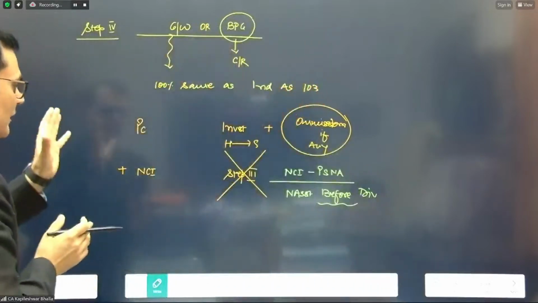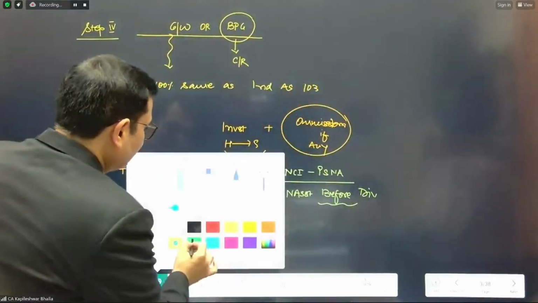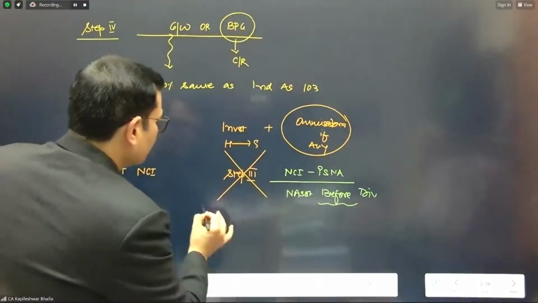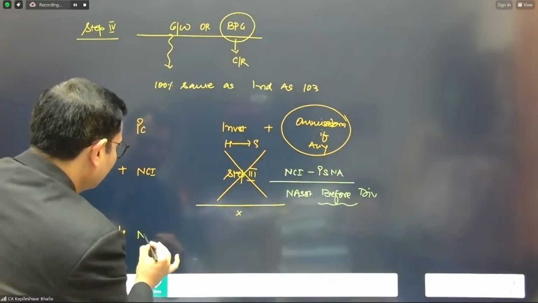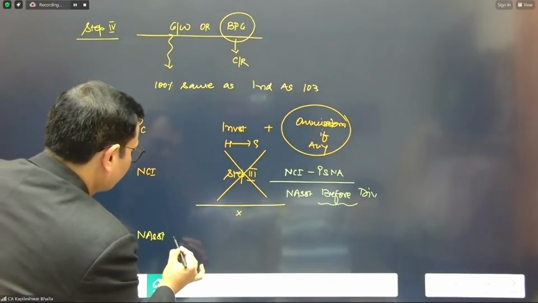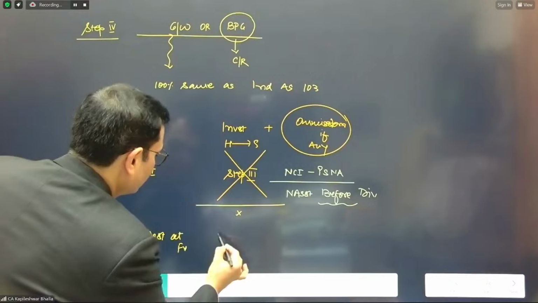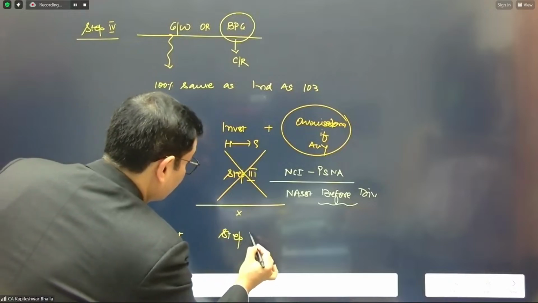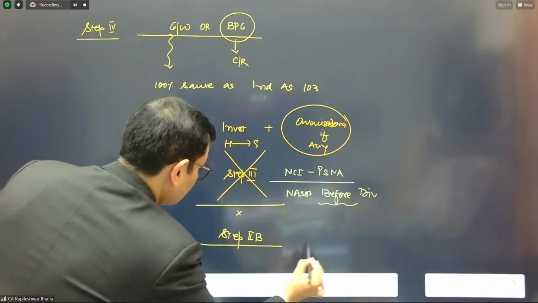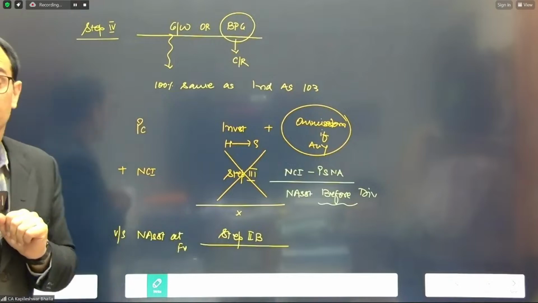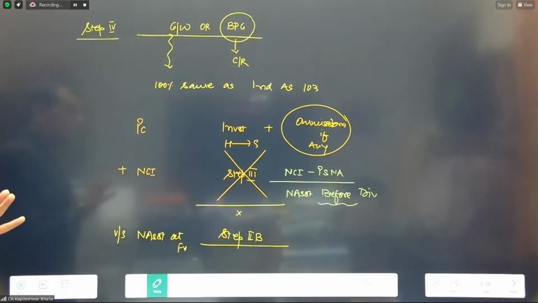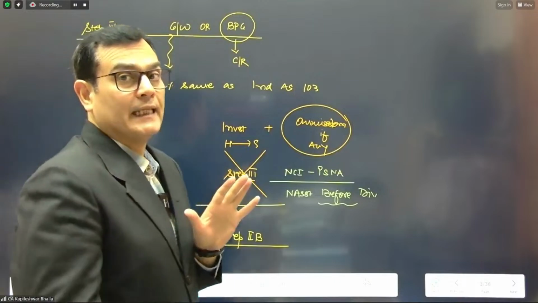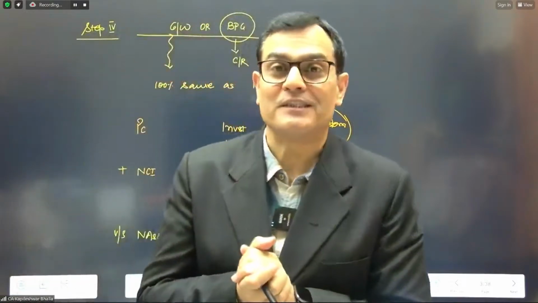Once you add the PC and the NCI put together, we get a figure, and we compare this with the net assets at fair value, which you've already computed in step number 2B. The sum total is compared to step number 2B, and you get a goodwill or a bargain purchase gain.